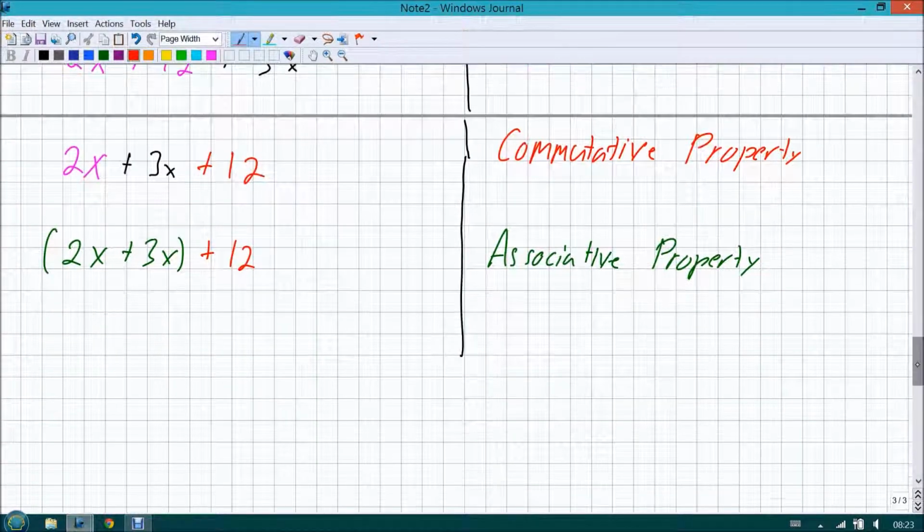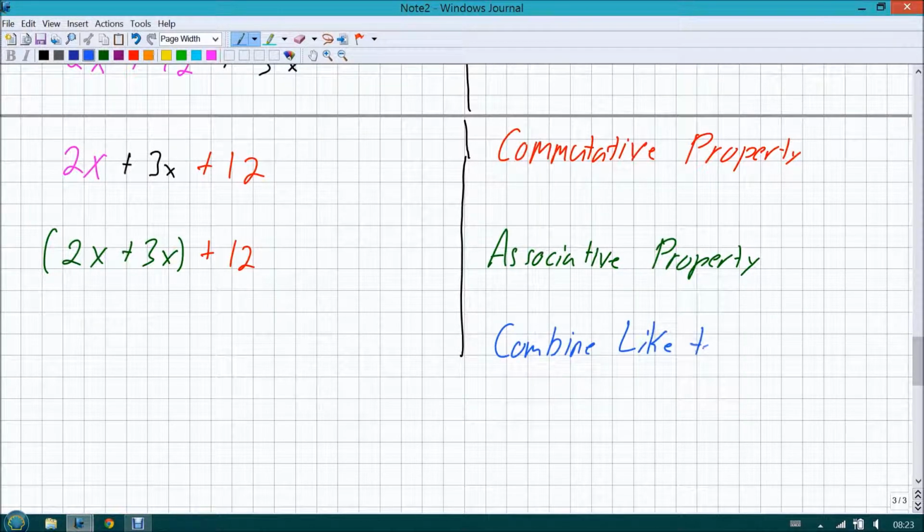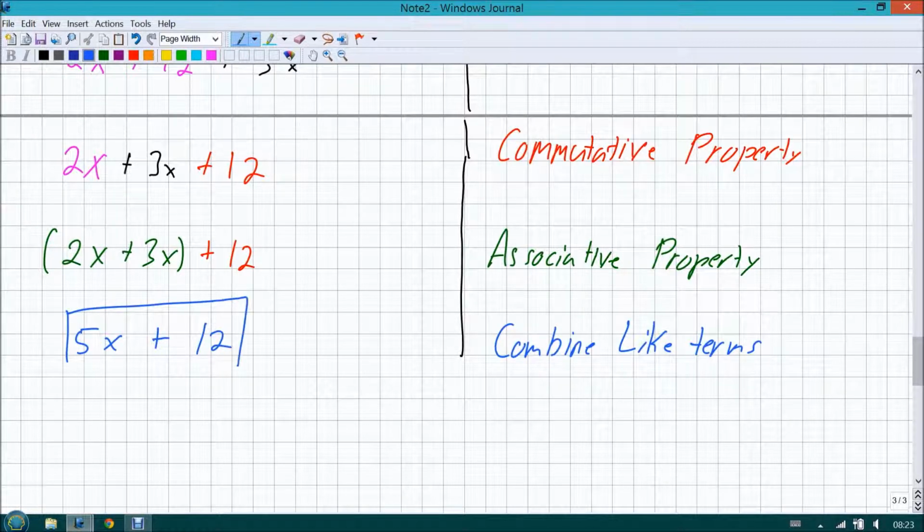So when I do that, I can then combine like terms, and have 2x plus 3x. 2x plus 3x is 5x. And then we have the plus 12. Can we do anything else? Well, 5x and 12 are not like terms, so we are done.